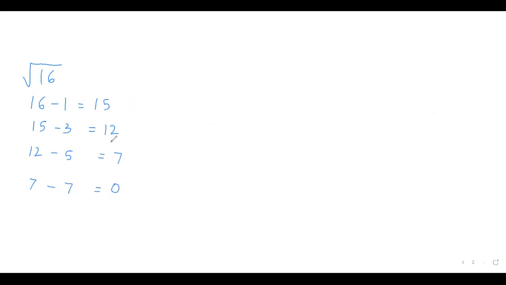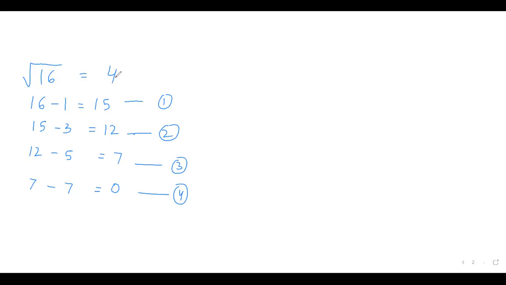So I got 0. Now I have to count the number of steps. You can see there are 4 steps. In 4 steps we got 0, so the answer is 4. This method is called the repeated subtraction method.